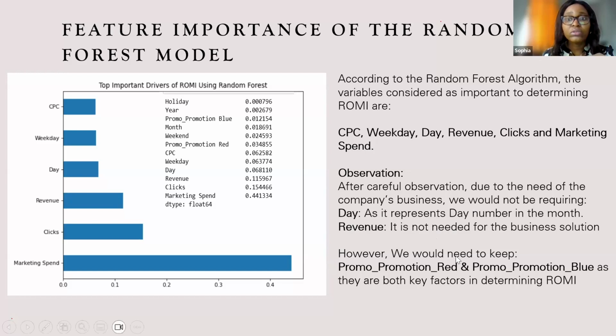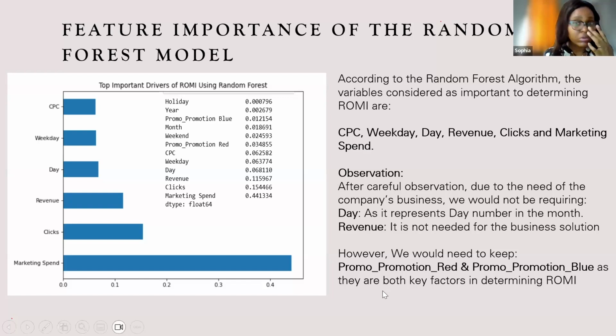However, we actually need to keep promotion red and blue, because the feature importance of random forest told us we don't need promotion red and blue. But for this project, we looked at it and realized that these two factors are very important.